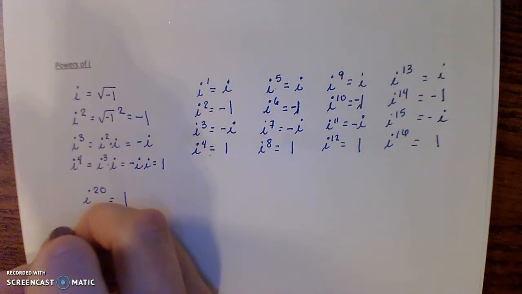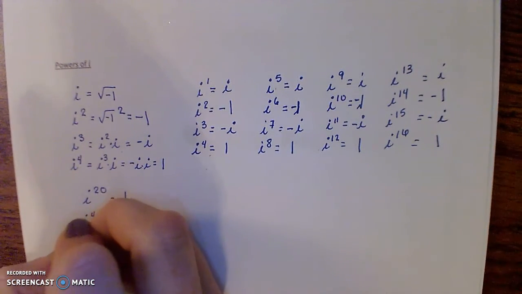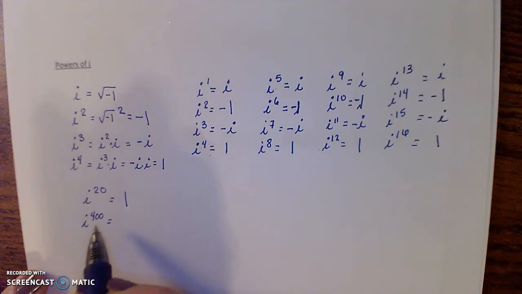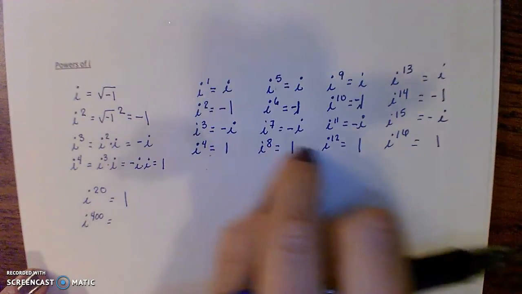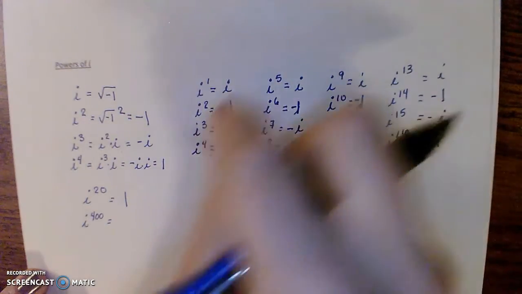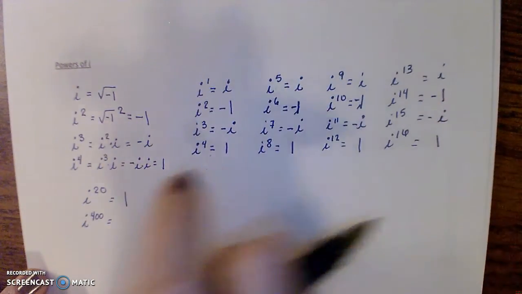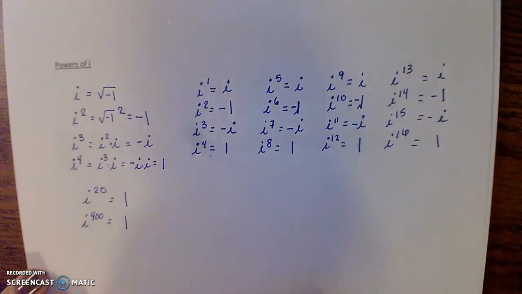How about i to the 400th power? Well, 400 is a multiple of 4. So it will end at the bottom of this loop. So i to the 400th power should be 1 as well. What if I had i to some power that's not a multiple of 4?